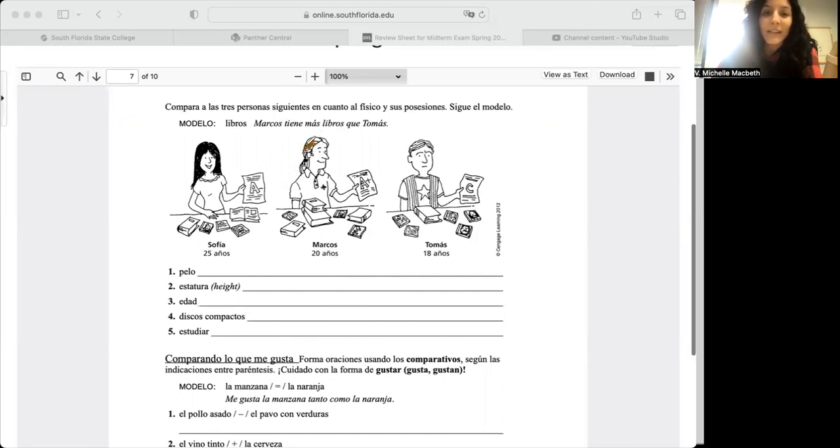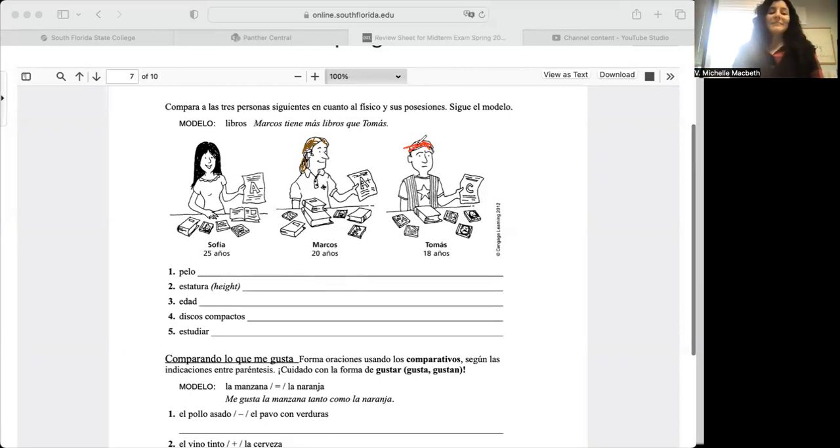I'm not very good at this. And then this guy, we can give him red hair. Ooh, red. He can be a pelirrojo. Looks amazing. I love it.